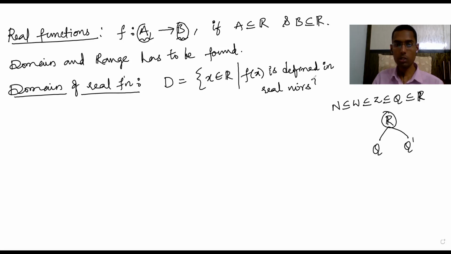Defined in real numbers means we should get f of x in real numbers. Or you can say simply, the domain is nothing but the set of all those real numbers for which f of x is also real.